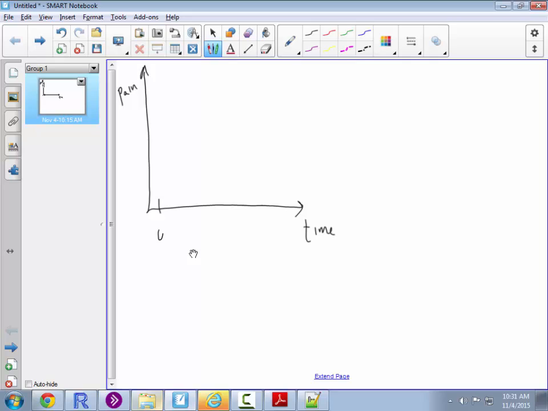So at time 0, that's baseline, that's when we treat them, and then we're going to measure them at these time points, say. They come in with lots of pain. We give them the drug, and assuming it works, it lowers the pain, but then maybe it kind of levels off.